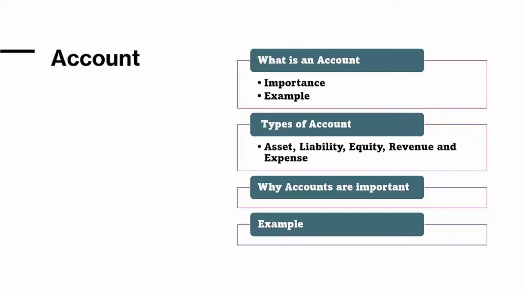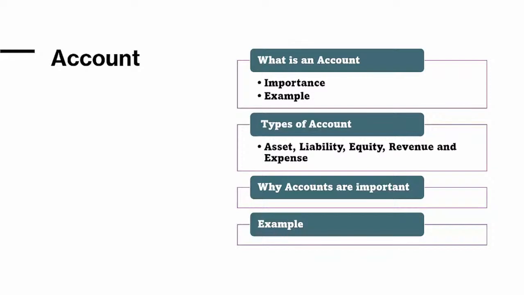The $2 profit is part of your equity, so every transaction affects at least two accounts. This way, you can track every dollar earned, every dollar spent, and how it affects the overall business. In our upcoming lessons, we'll go deeper into each type of account and see how they connect in the accounting equation.